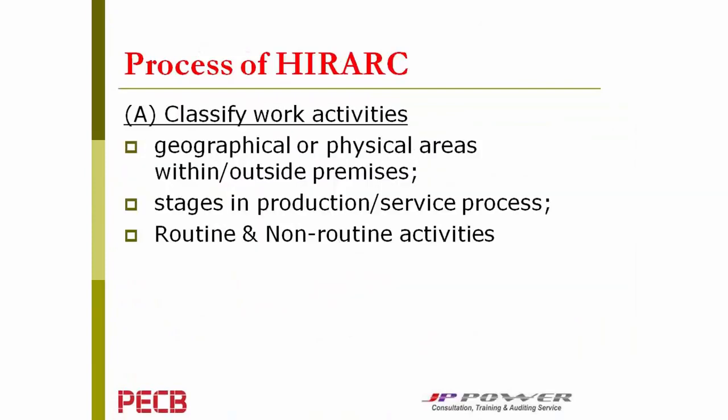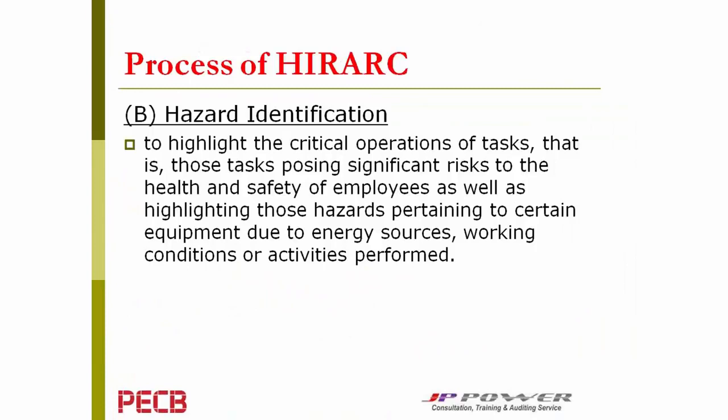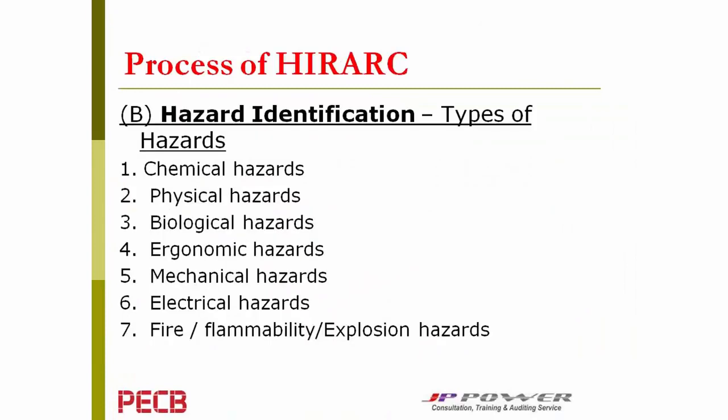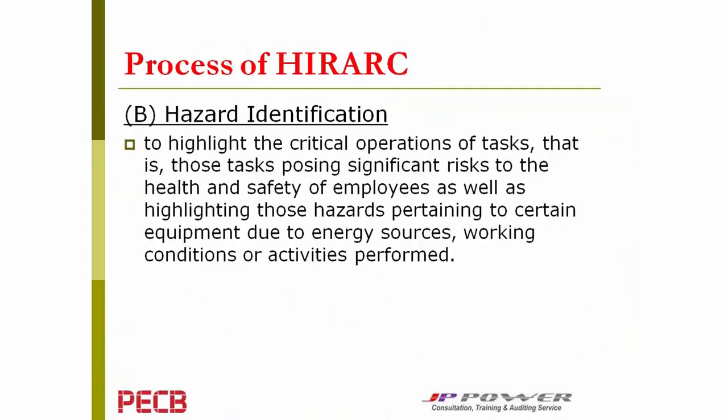Now, once we have identified these activities, in each activity we need to identify what are the occupational hazards that exist in that activity. Now, there are many types of hazards.